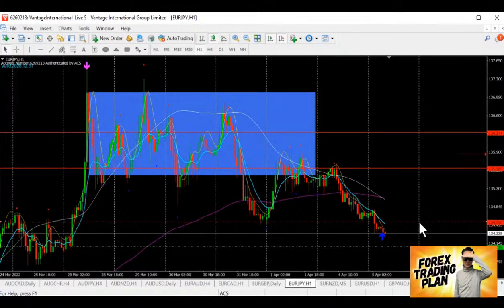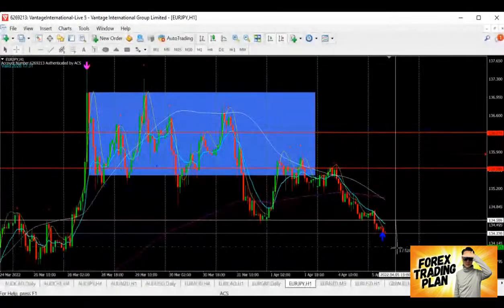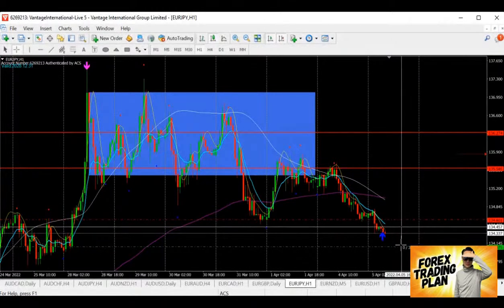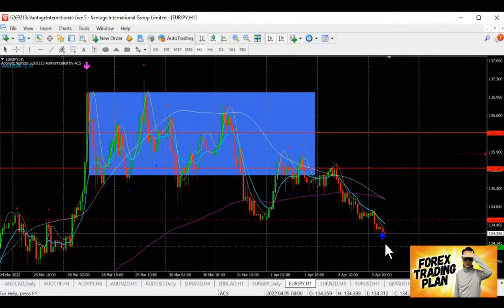The area of resistance is here, so look out for this. Once it hits the resistance and doesn't break, then it will be a good chance for us to sell, and we will have a greater space to sell. If another resistance right here to the support, then we have 40 pips. I think that's still quite good to focus on. So Euro yen, we can still focus on this.